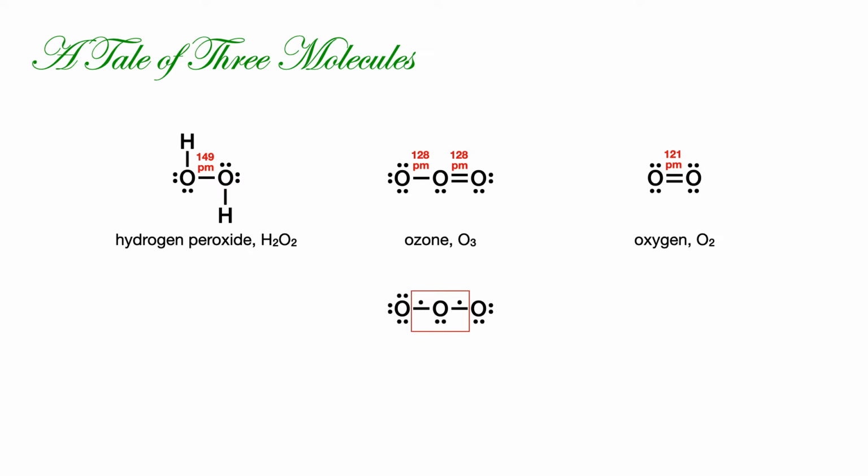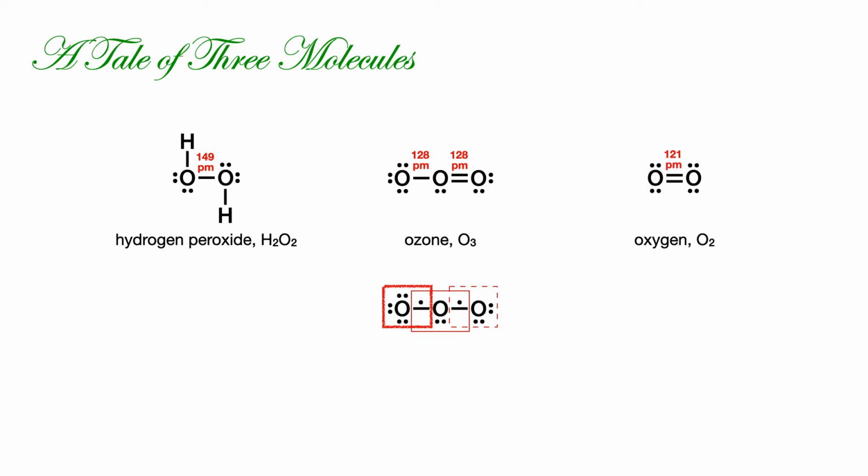It still has a full octet of valence electrons around it. The oxygen on the right is now short an electron. It only has 7 valence electrons. The oxygen on the left now has 9 valence electrons.